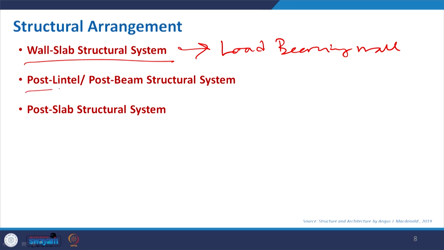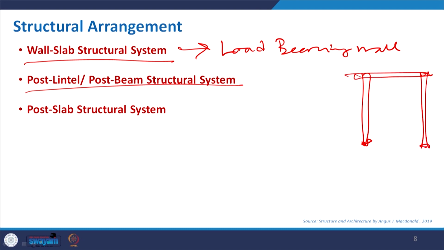The next category is your post lintel or post beam. Post refers to column. Normally we hear this term like light post, goal post. So, basically this is a vertical member, and the lintel is a horizontal member. So, this is post and this is lintel, and alternatively we name it post beam structural arrangement.